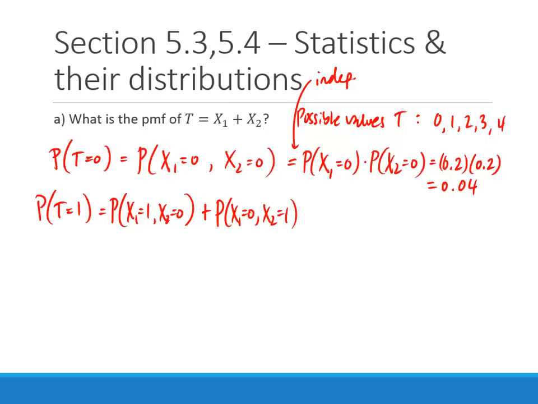So again, I can split those individual probabilities apart and multiply because they're independent. So this would be x1 equal to 1 is probability 0.5, x2 equals 0 has probability 0.2, and I can add the same thing on there. And that should be 0.2.